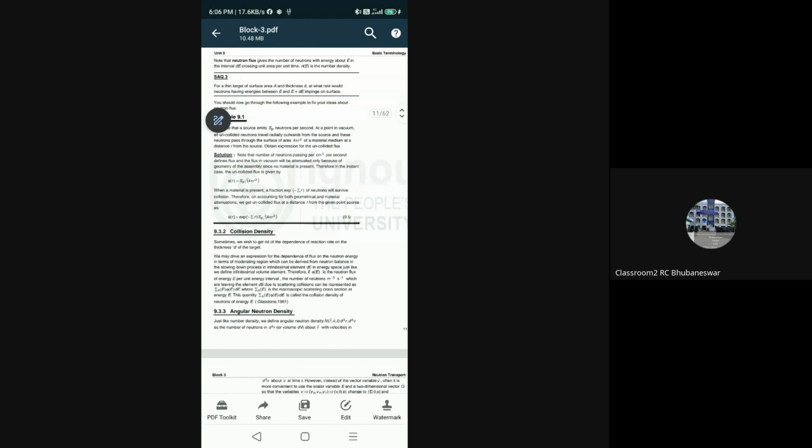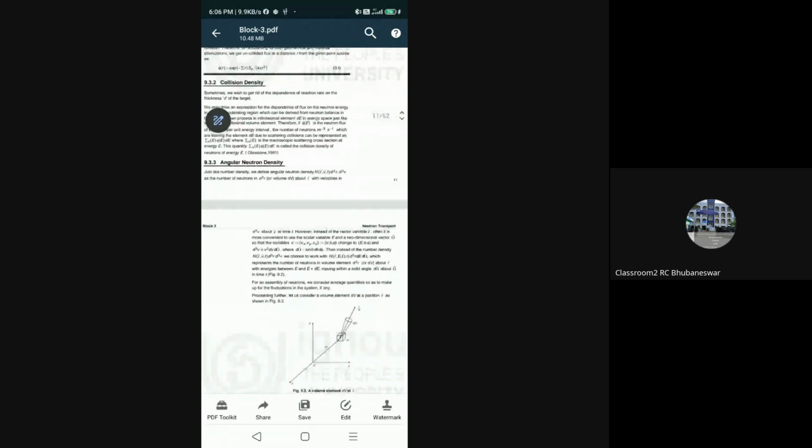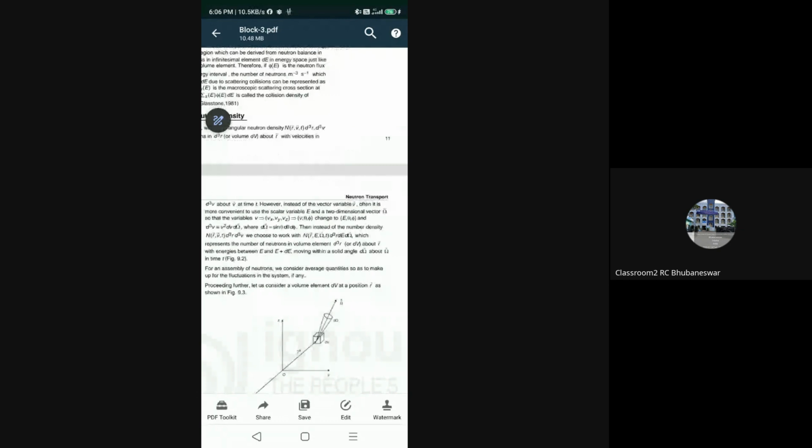Now, angular neutron density. Just like number density, we define angular neutron density N(r, v) d^3r d^3v as the number of neutrons in volume element d^3r about r with velocities in d^3v about v at time t.